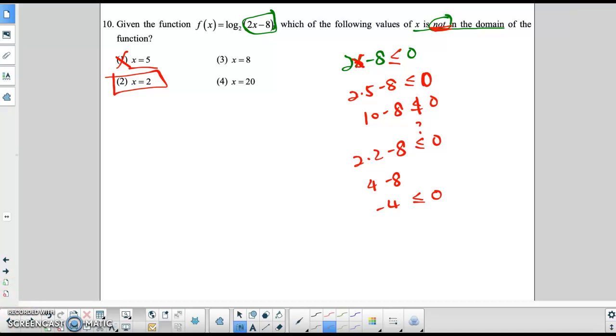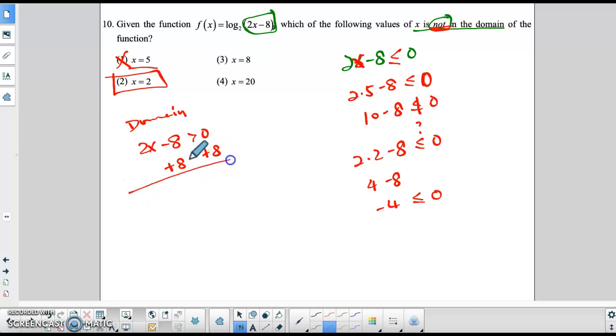Okay. Be careful with the question. Sometimes it's asking for the domain. Sometimes it's asking for not in the domain. If the question is asking for the domain, you need to set up the inequality like this. Whatever, doesn't matter how long the expression is, this part needs to be greater than 0, and you just solve it.